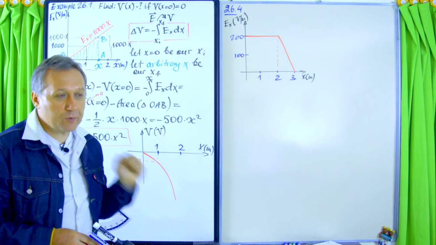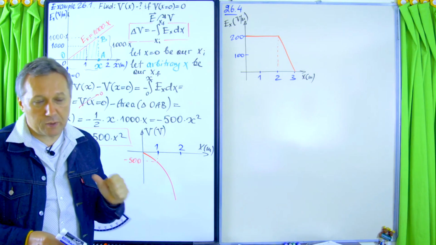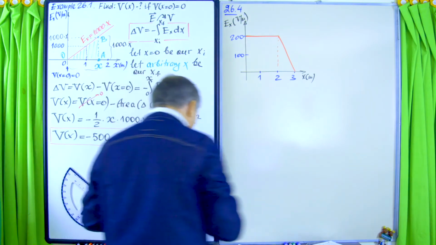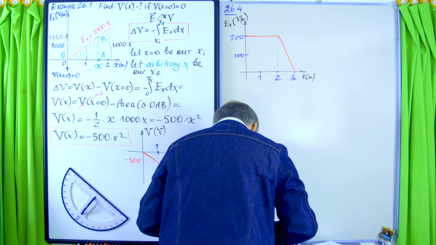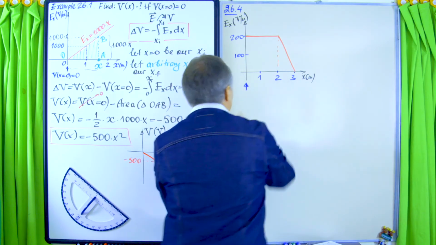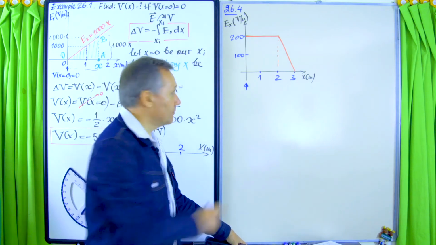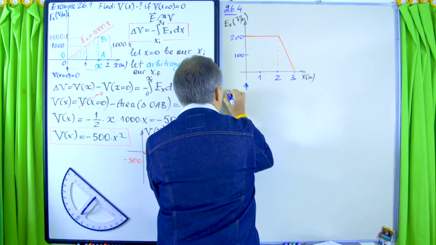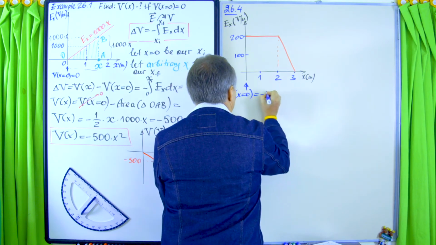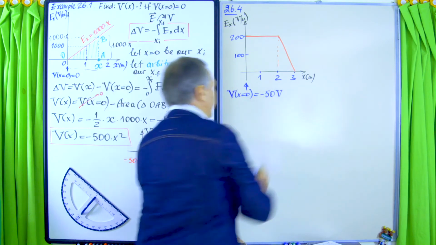Now some additional information about the electric potential at a particular point. So what is given? The electric potential at the origin, V at x equals 0, equals minus 50 volts.